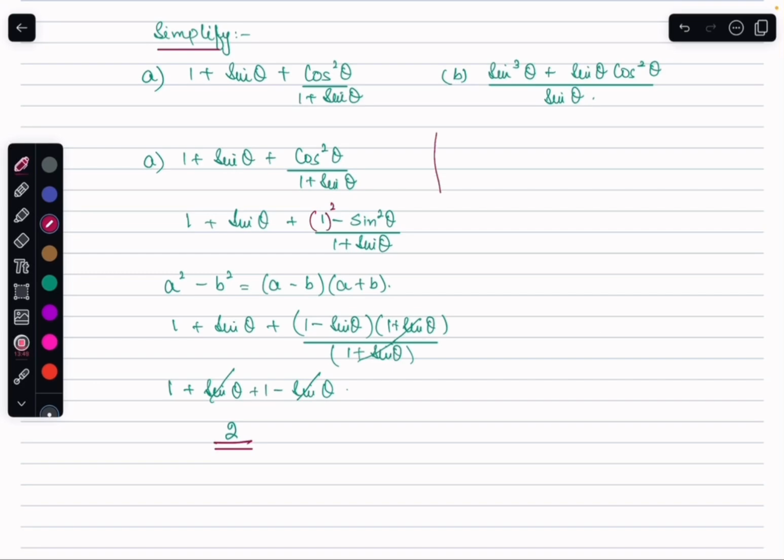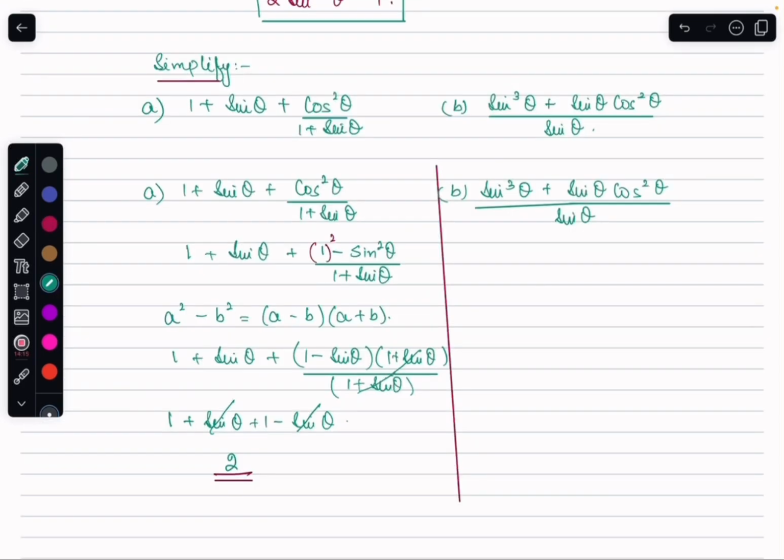Let's do part B. To start the simplification, I have a sine cube theta here and a sine theta here. That means sine theta can be taken as common. If I take sine theta as common, I will be left with sine square theta plus cos square theta, and all of this is then divided by sine theta.